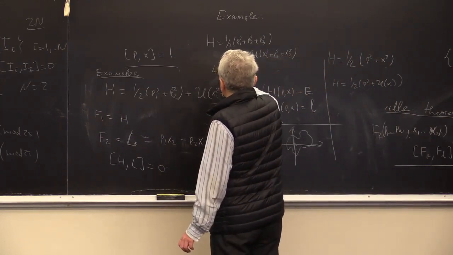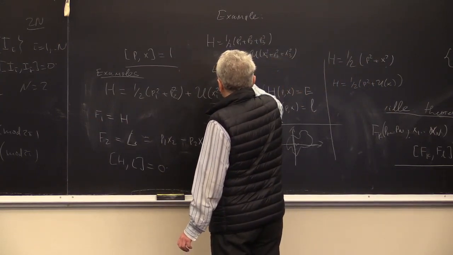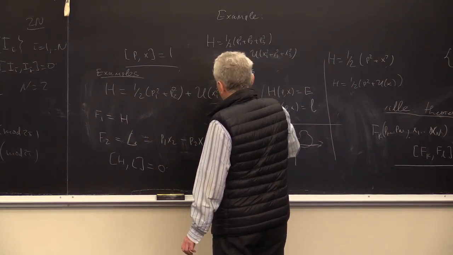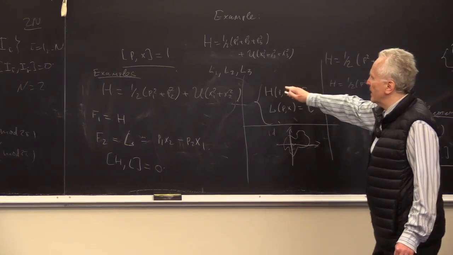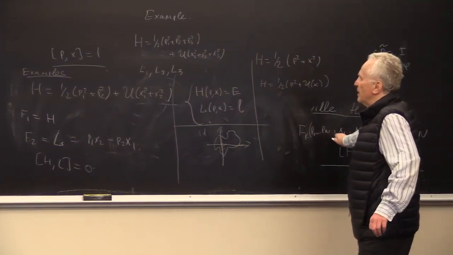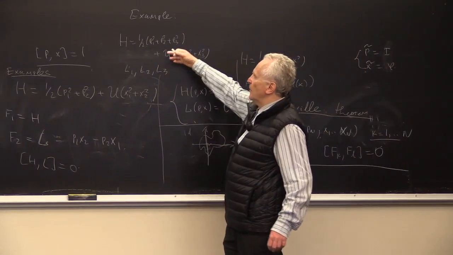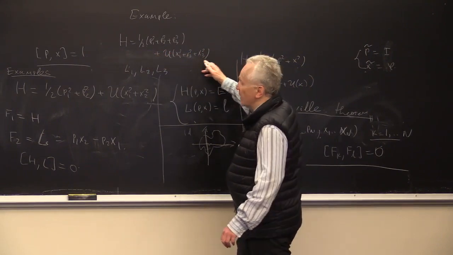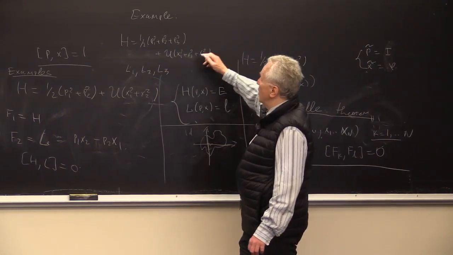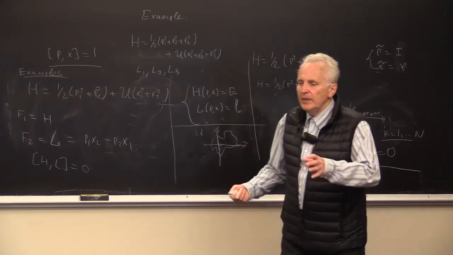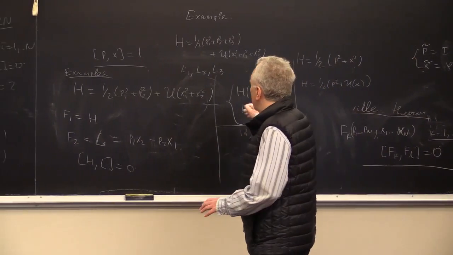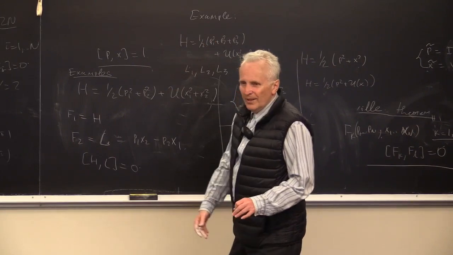So at first glance, we have too many integrals of motion. As I said, for integrability, you need 1/2 of the dimension of the phase space. The phase space is 6-dimensional. Half of it is 3, so we need 3 integrals of motion, and we already have 4.